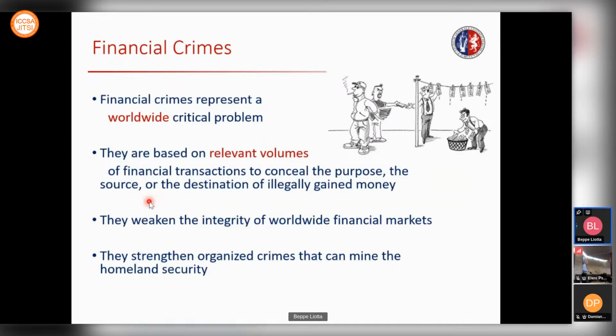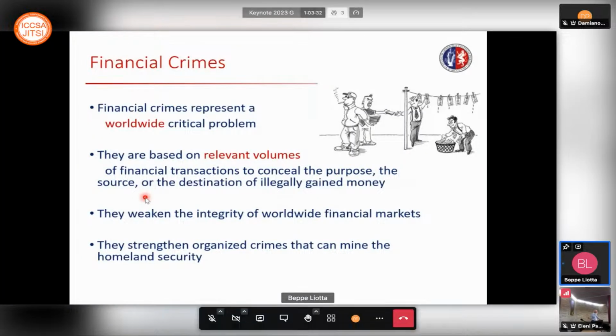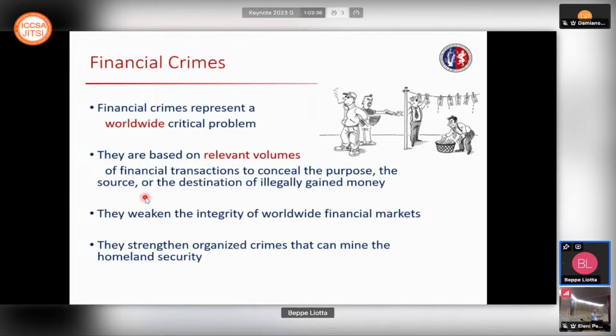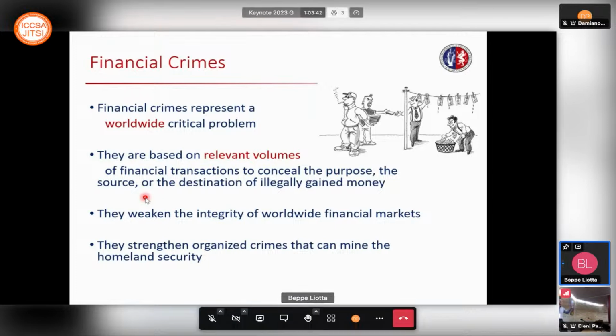Financial crime is a worldwide critical problem, and often the way you do money laundering is through strange patterns of relationships. Maybe you make some transaction to a fake society, or a bank transfer to an old guy who has a very low pension, and you give all these people not much money, and they all go together to put this money in your bank account.